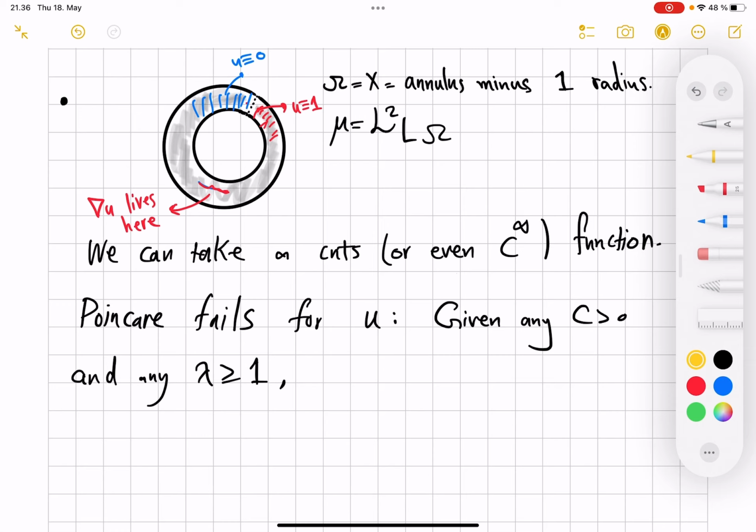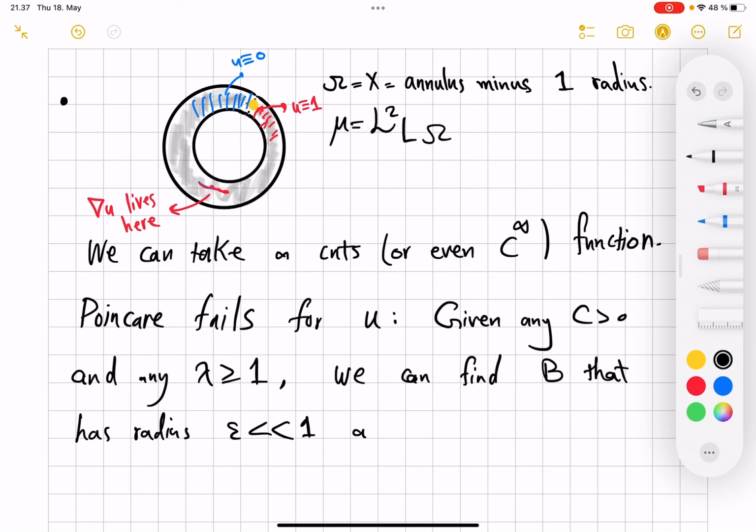You can find a ball with radius so tiny, and touching both sides, a ball that has radius epsilon much smaller than 1. Well, technically you cannot put the center there, so let's not talk about center.